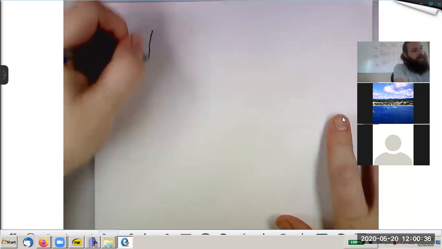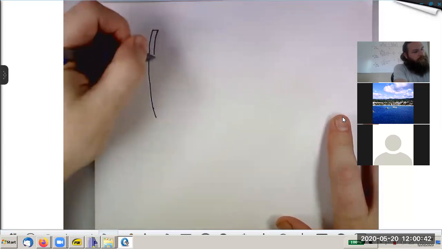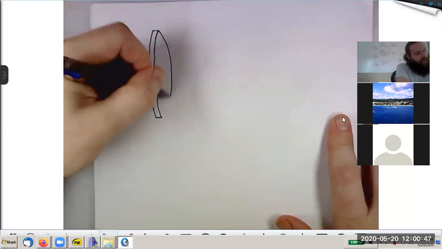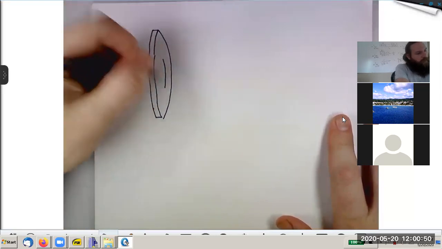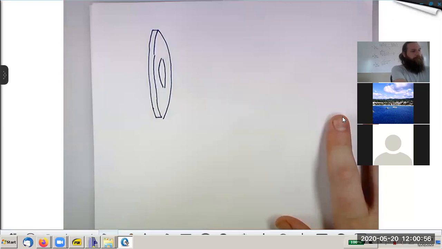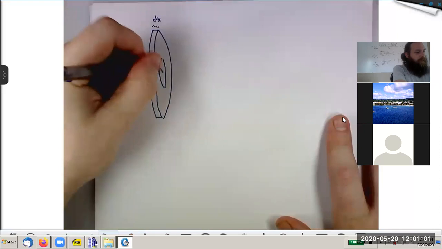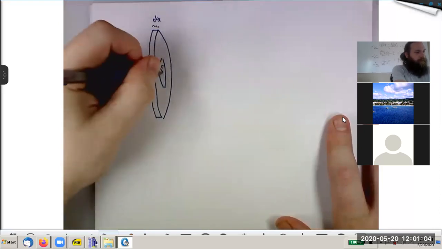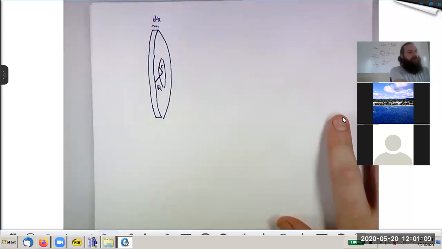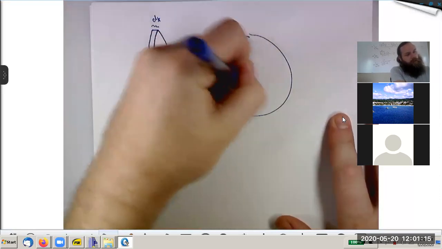So if I want to take something which is shaped like this and find its volume, the way I think of this, if that's dx, and this is little r, and this is big R, is as a circle with a hole punched out in the middle and then given some thickness.